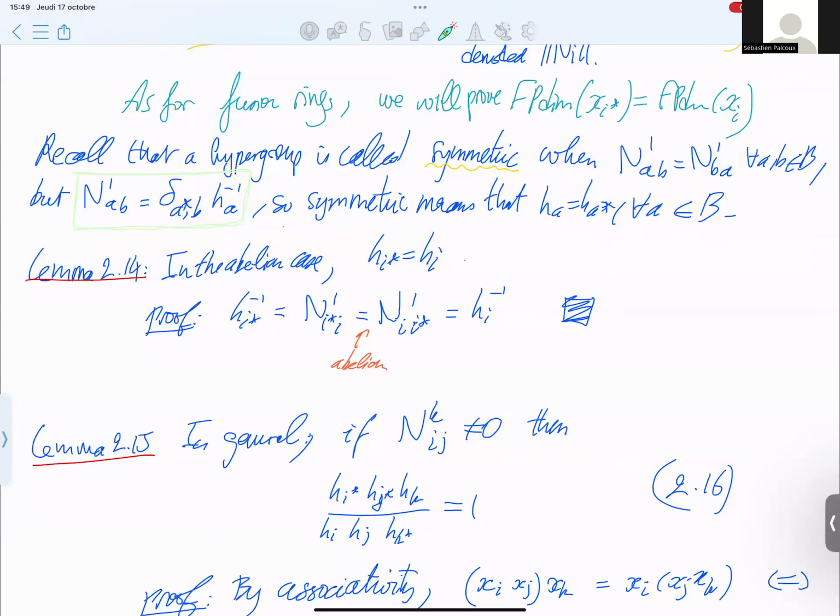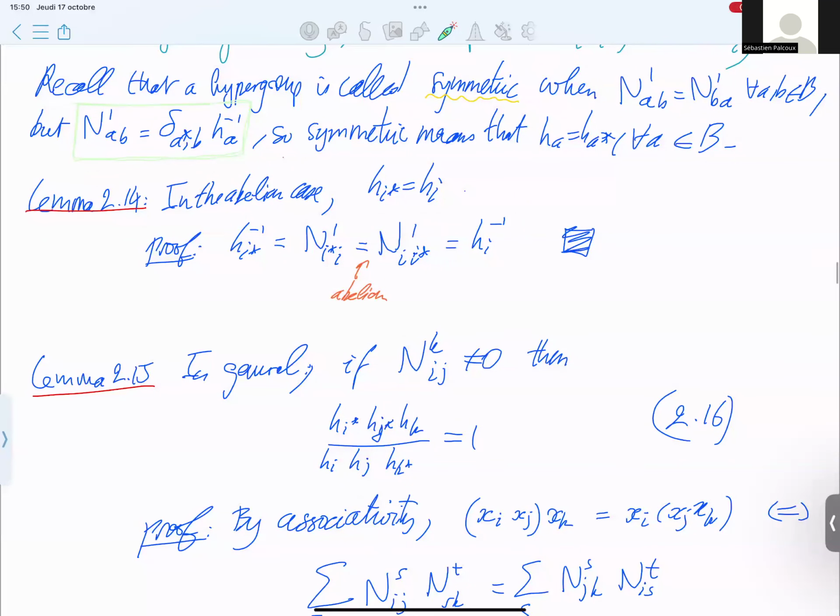And in fact, if I am not mistaken, as I said in the introduction, the hypergroup has a structure of Frobenius algebra in the classical sense, and this is also, if I'm not mistaken, the analogue of a symmetric Frobenius algebra.